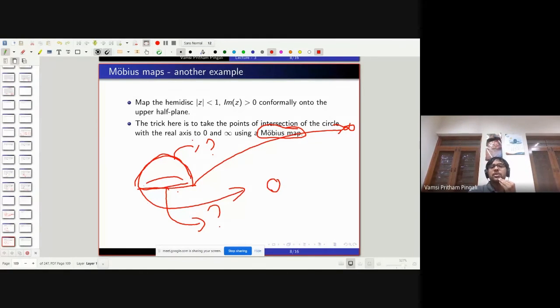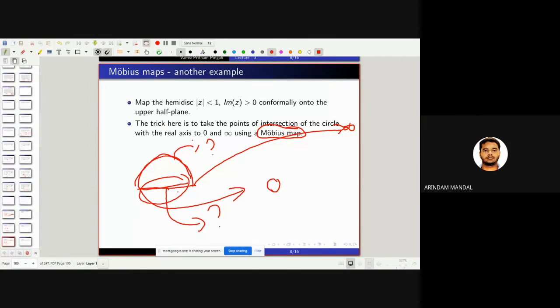Does this go to a straight line or a circle? Let's start with that. Yeah, so if we have a map like that, the upper arc will go arcwise and this straight line will go to the lower arc.